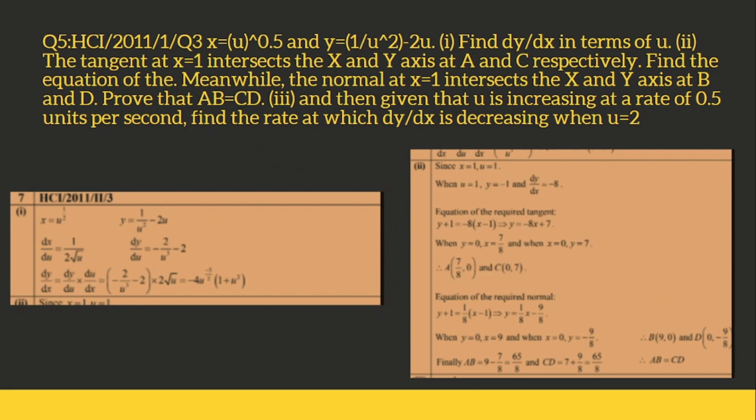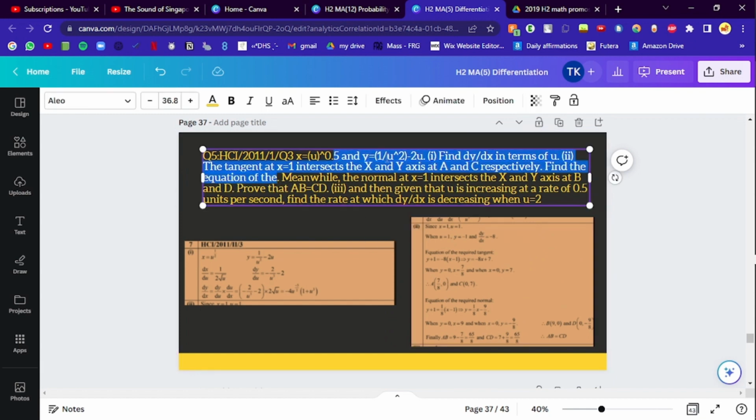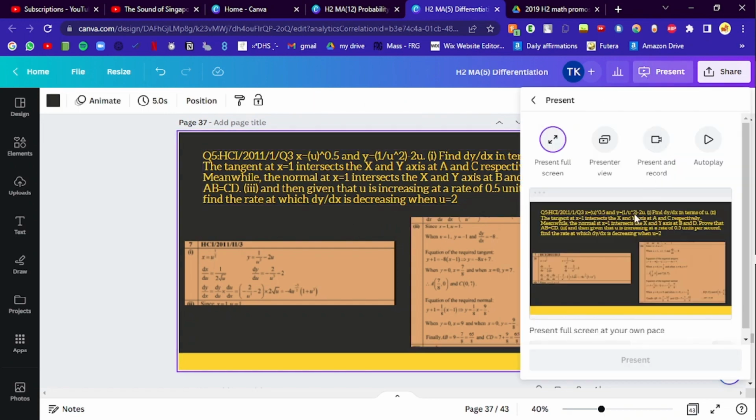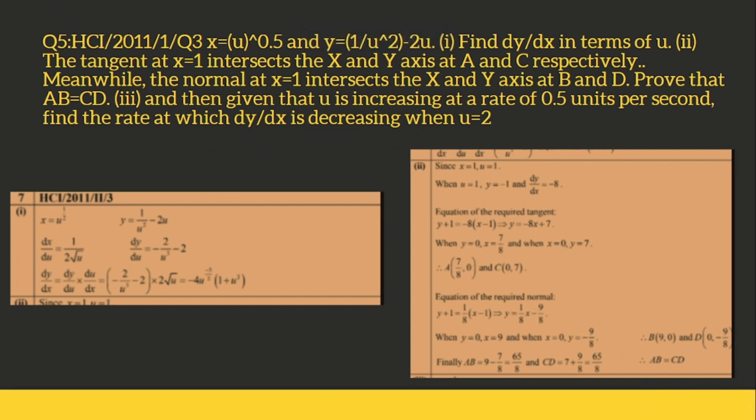Meanwhile, the normal at x equal 1 intersects the x and y axes at B and D. Prove that AB equals CD. Then, given that u is increasing at a rate of 0.5 units per second, find the rate at which dy/dx is decreasing when u equal 2.